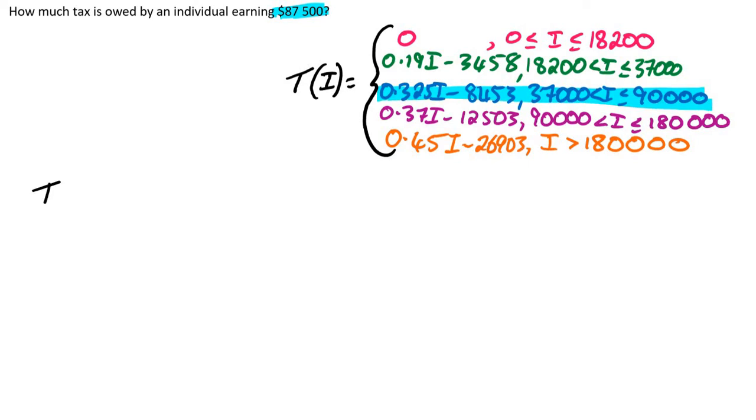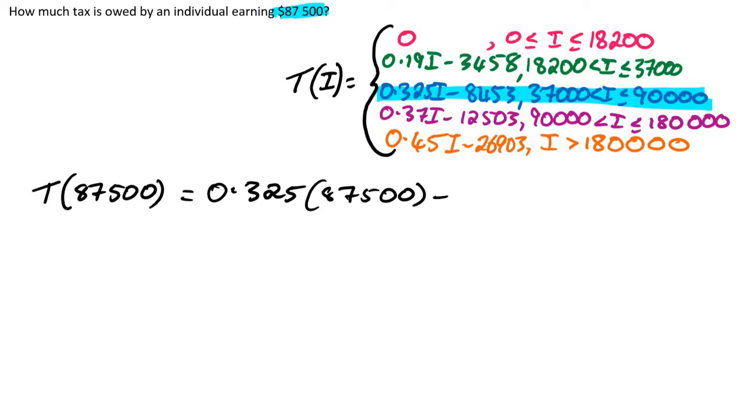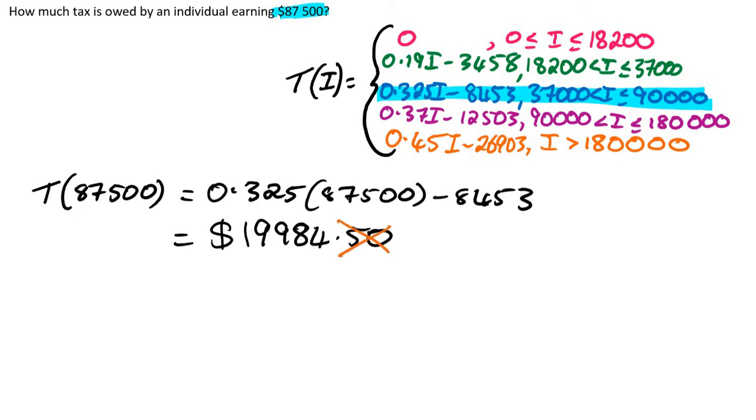So, the amount of tax owed by an individual earning $87,500 would be 0.325 times 87,500 minus 8,453. Okay, and usually when calculating tax, we drop the cents.